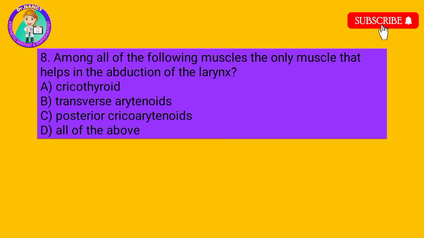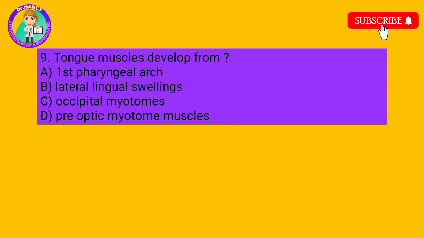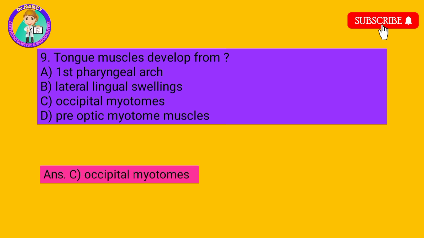Among all of the following muscles, the only muscle that helps in the abduction of the larynx is cricothyroid, transverse arytenoids, posterior cricoarytenoids, all of the above. Answer: posterior cricoarytenoids. Tongue muscles develop from first pharyngeal arch, lateral lingual swellings, occipital myotomes, preotic myotome muscles.